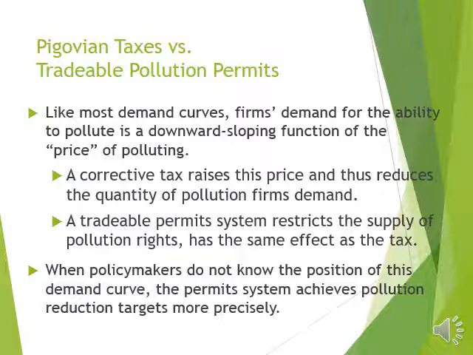However, with tradable pollution permits, you can make a target far more precise, and then the market starts trading and selling permits, and they basically tax themselves, and it's a much more efficient system.